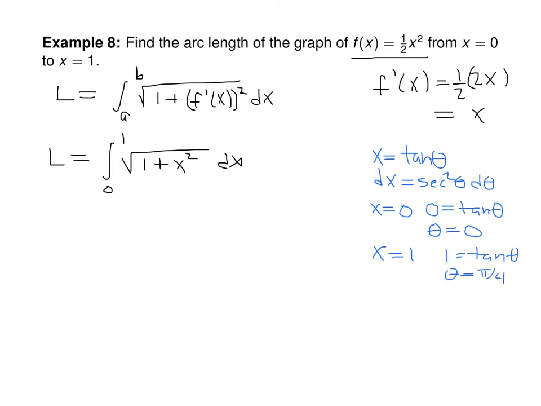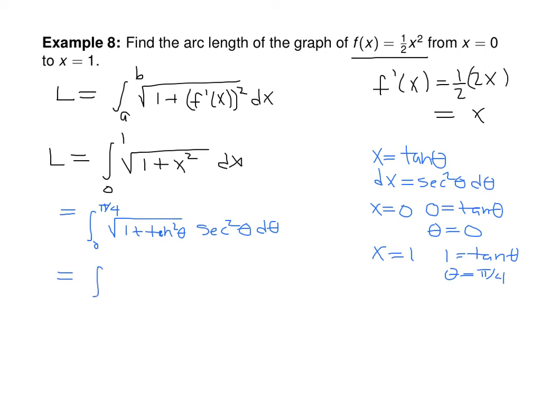So I now have the integral from 0 to pi quarters of root 1 plus tangent squared theta multiplied by secant squared theta d theta. And 1 plus tangent squared is secant squared, rooted gives you plain old secant.